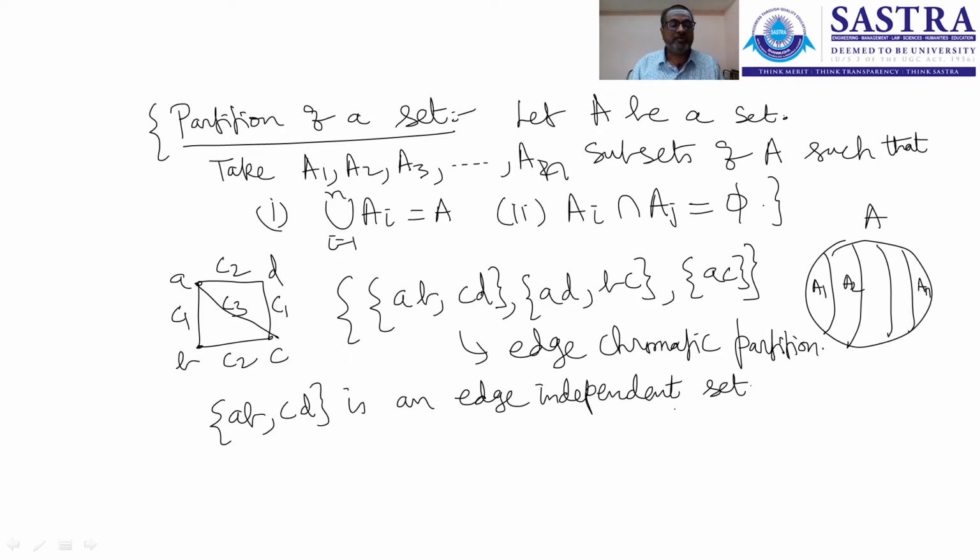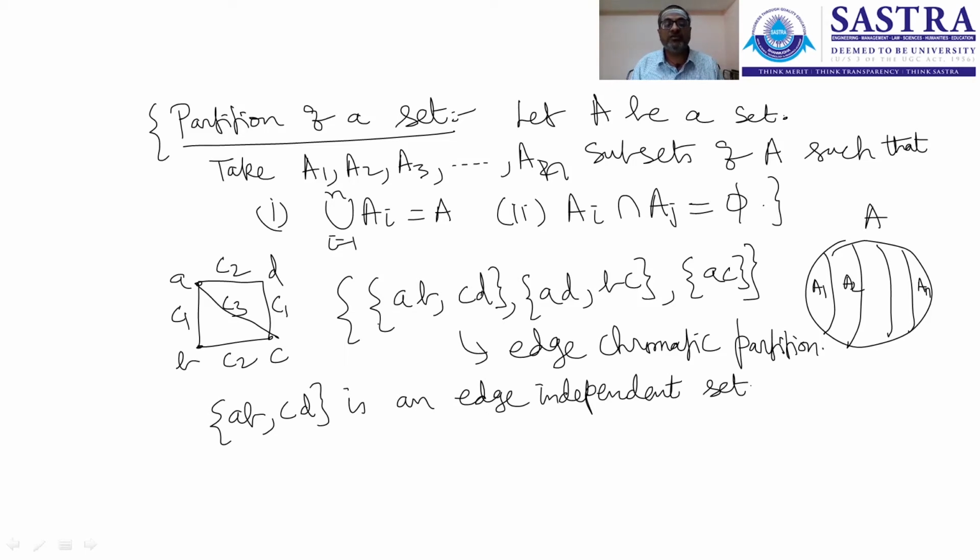So here I have taken pains to see that I have a minimum number of colors. Suppose in this graph that is given here, I have 5 edges. I can use all 5 different colors, so that I need not worry about this. Every partition will have a single set.